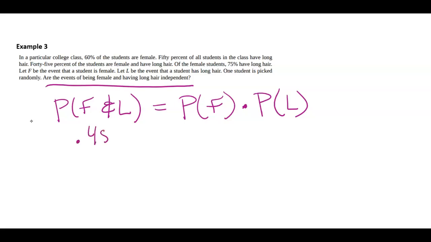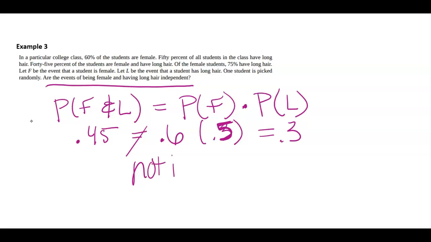So that 0.45 goes here. 60% are female and 50% of all students have long hair. Well, that's equal to 0.3. That is not equal to 0.45. So these are not independent of each other.